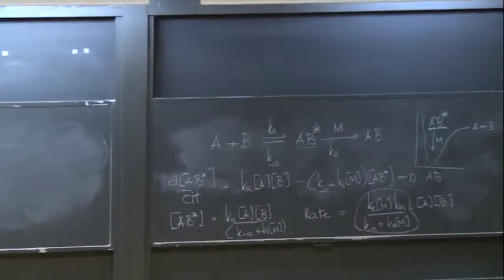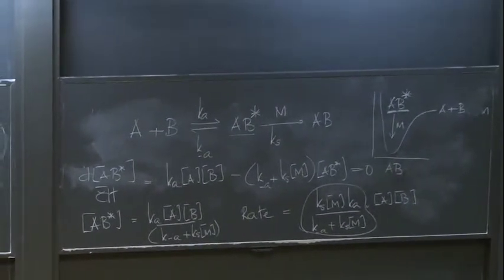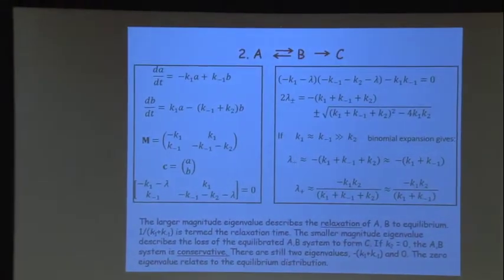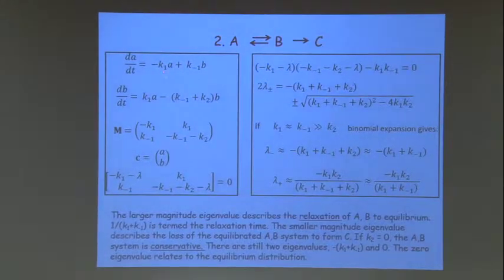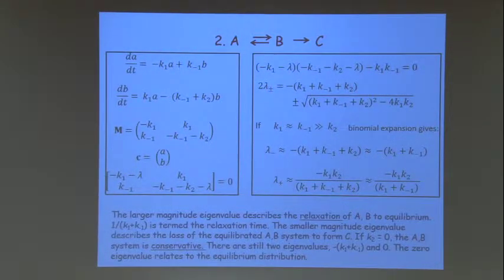But we're looking at linear systems here. So we've got K1 and K minus 1 as the rate constants for these steps here. And so dA by dt is minus K1A plus K minus 1B. dB by dt is K1A minus K minus 1 plus K2B. And C, once again, we can get by mass balance.